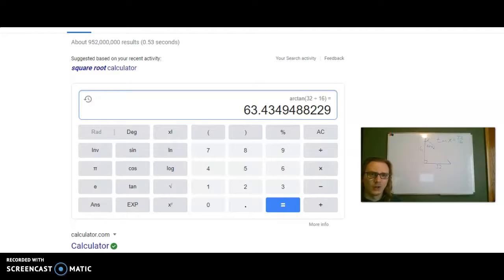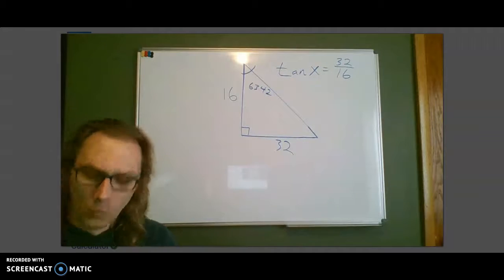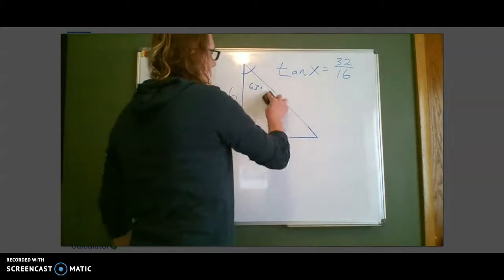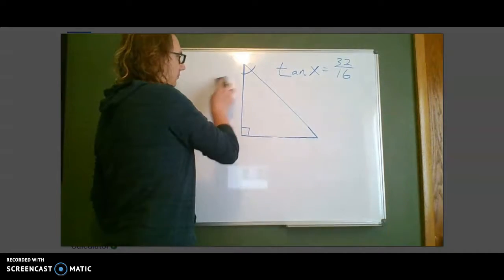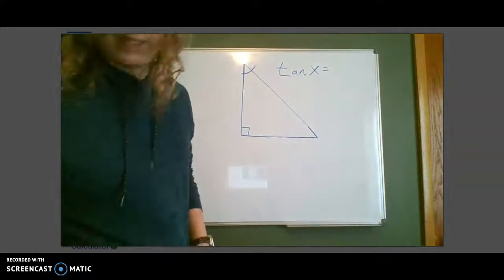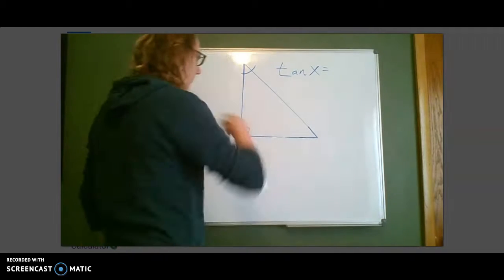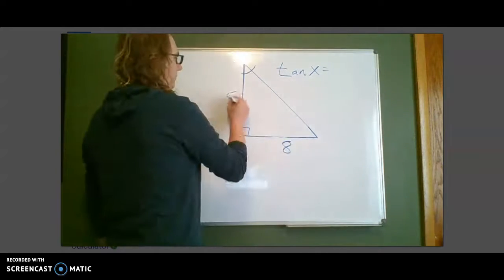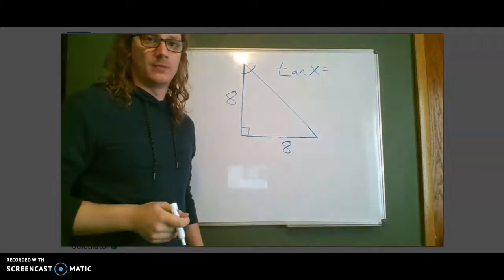Now, I said I was only going to give you one more sample problem, but I do want to show you this. It's the little brain thought that I just had. Okay, so we're just going to zip through this really quickly. Let's say this is 8, and this is 8. Okay?